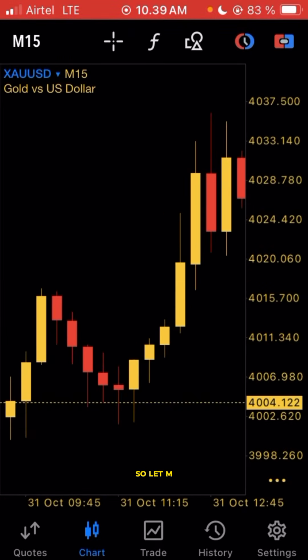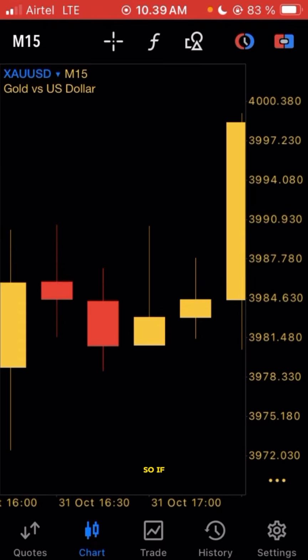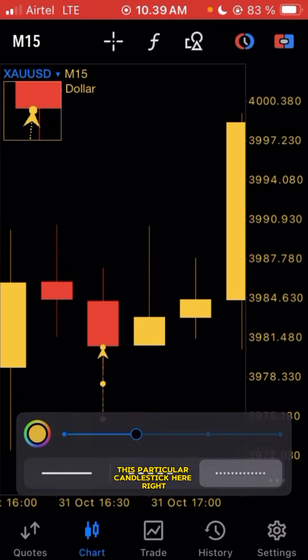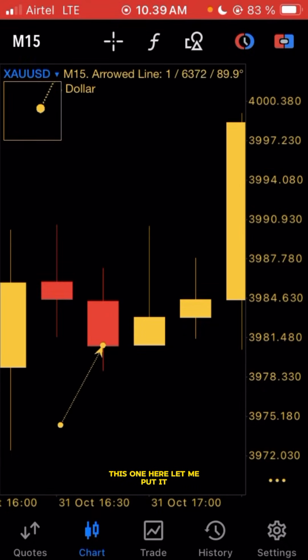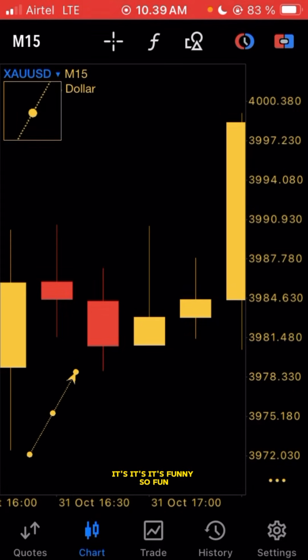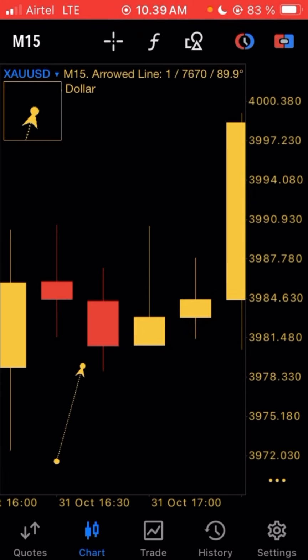So let me give you guys an example. Let me find one for you guys. If you look at this setup right here, we look at this particular candlestick, right? Let me put it like this. It's funny, it's just attaching itself. I don't know why.